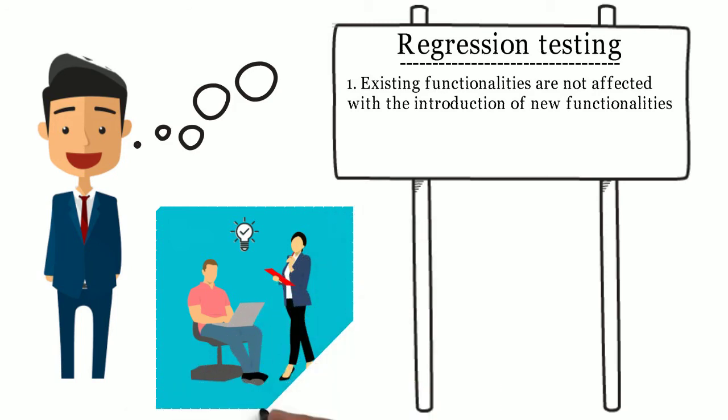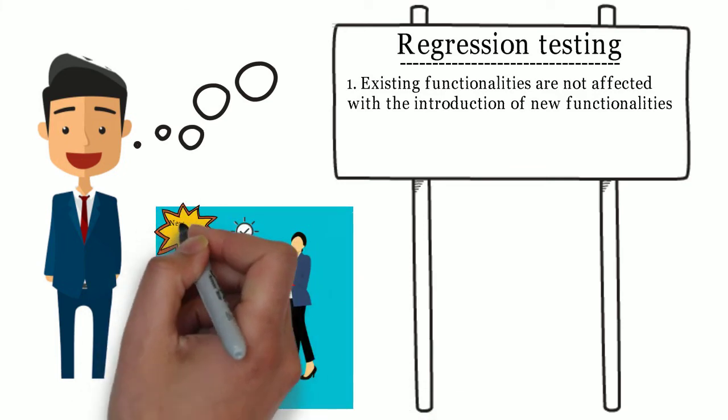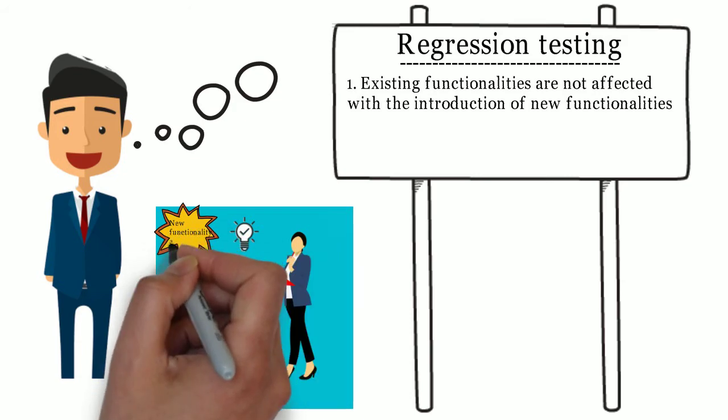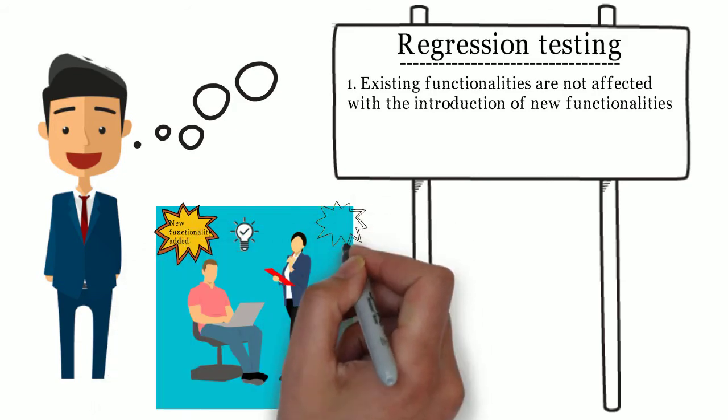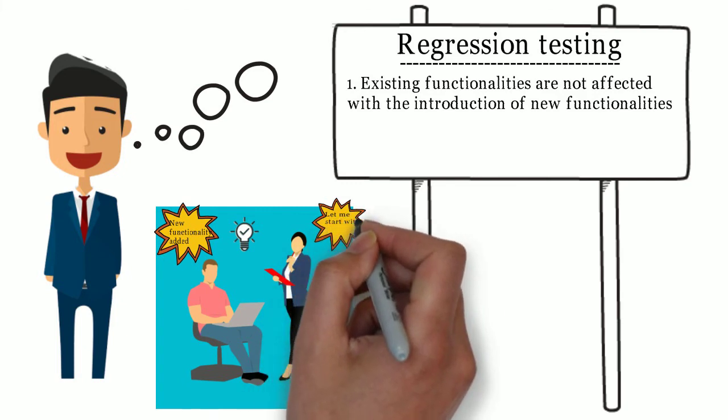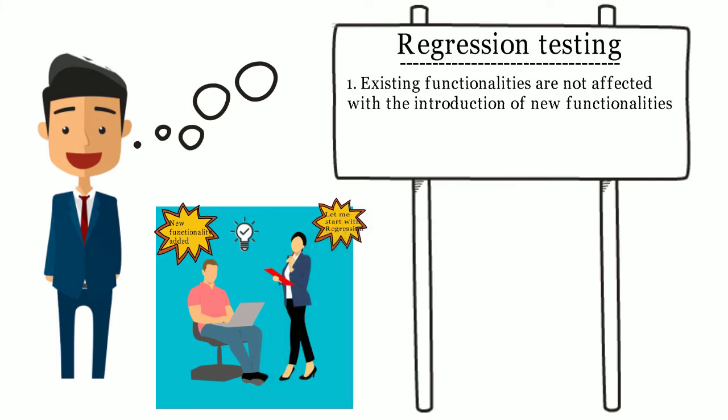When they verify the system for the newly implemented feature, they should also ensure that the existing functionalities are not impacted by implementing the new feature. For that they perform regression testing. So there are a few test conditions to verify the existing functionalities, and if they find any issues, they will raise it as an issue and developers fix it.